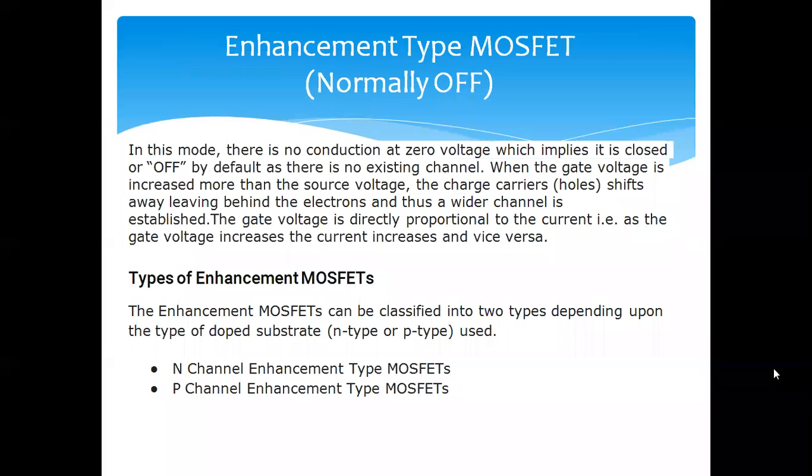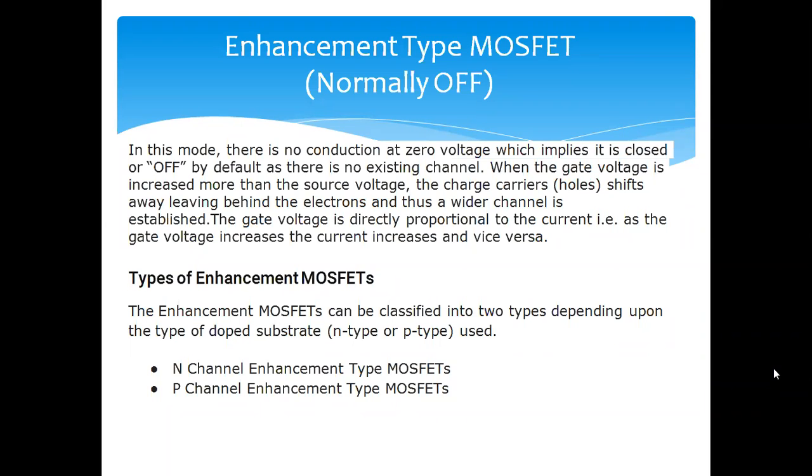Now coming to the next type, the enhancement type MOSFET, which is called a normally off MOSFET. Why normally off? Because at zero voltage there is no drain current. That's why it's a normally off MOSFET.